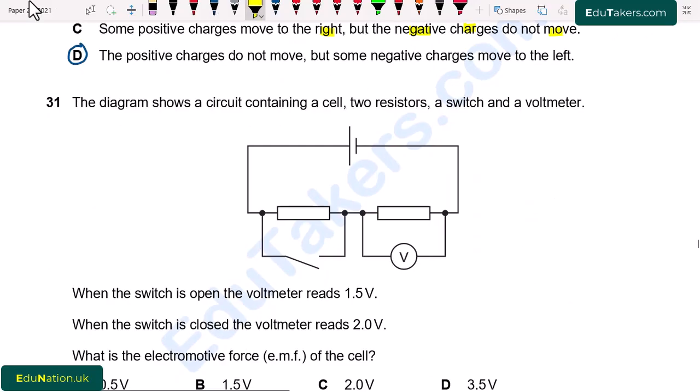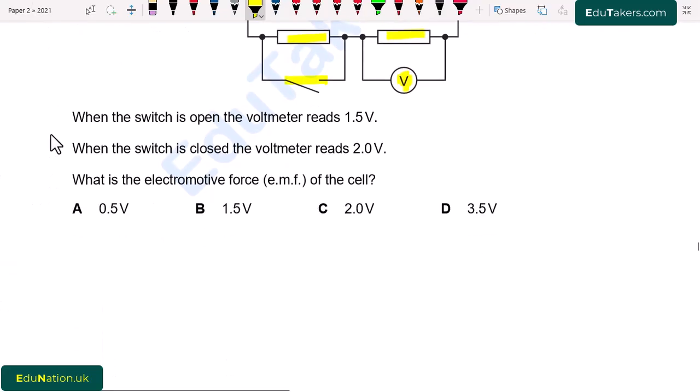Question number 31. The diagram shows a circuit containing a cell, two resistors, a switch and a voltmeter. Here is the circuit which shows that there is a cell, two resistors, and this is a voltmeter, while this is the switch.